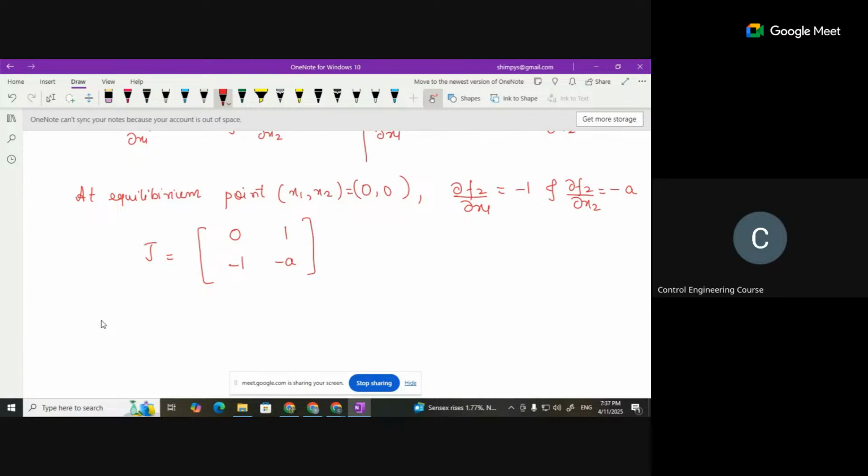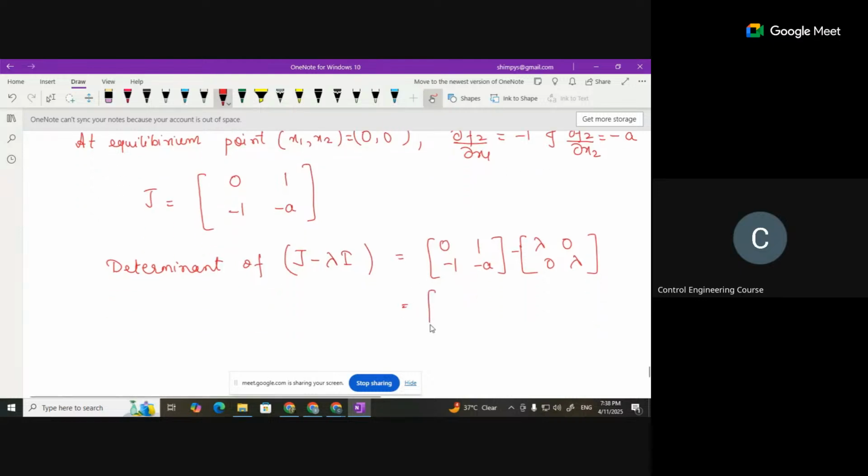For that, we have to find the determinant of J minus lambda I. This is 0, 1, -1, -a, minus lambda I, that is lambda, 0, 0, lambda, right?